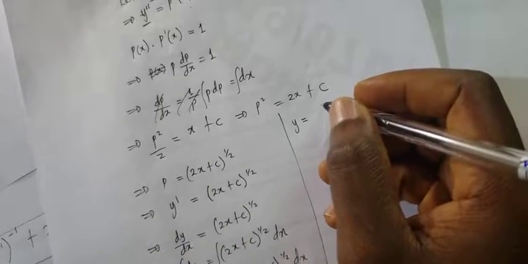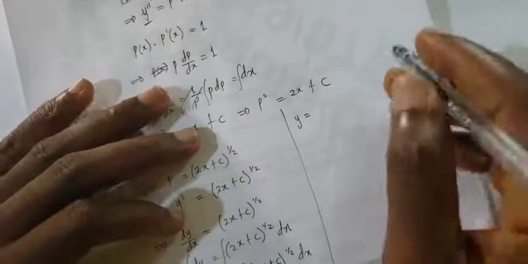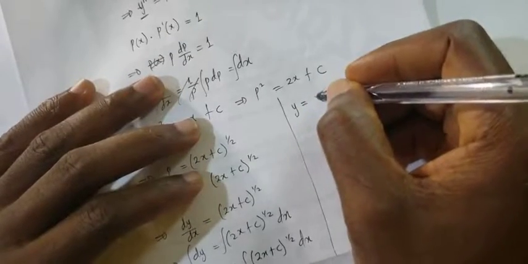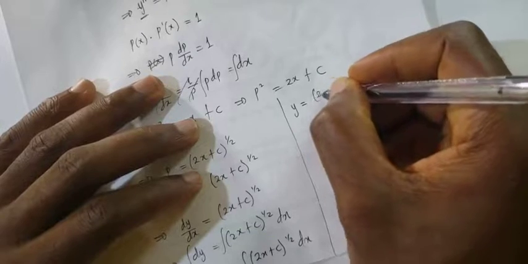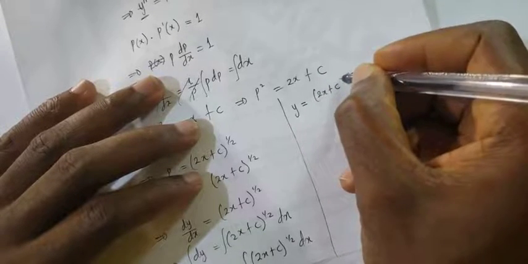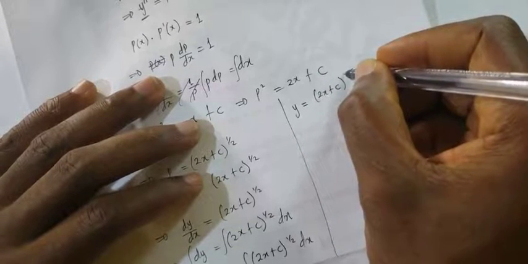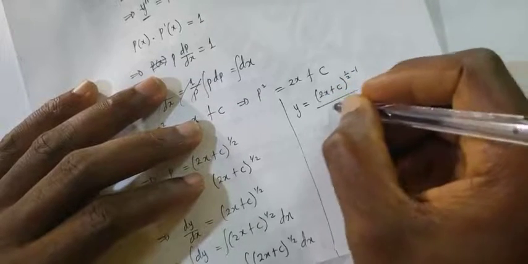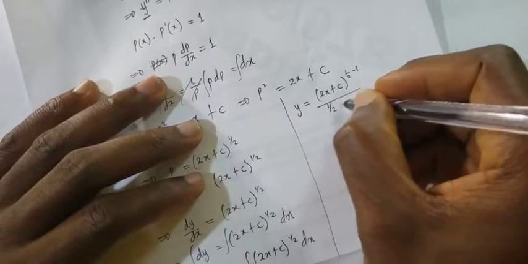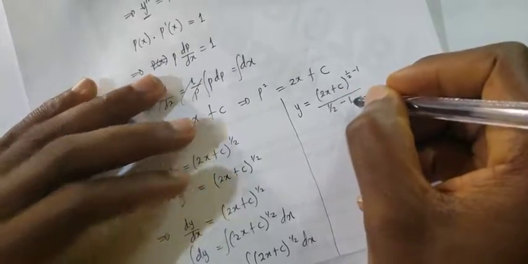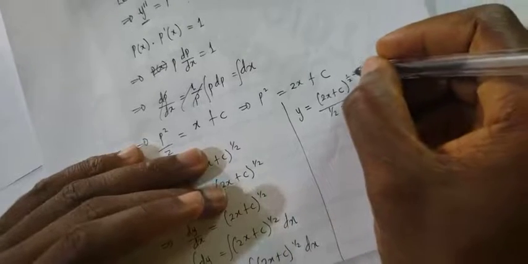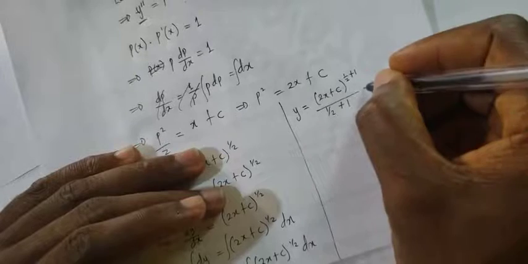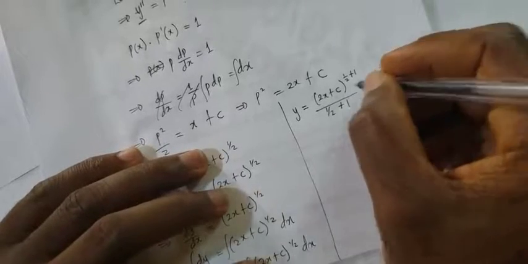So if you are integrating with respect to the core, we're going to have 2x plus c, raised to power 1 over 2 plus 1, divided by 1 over 2 plus 1, then divide by the derivative of the core.